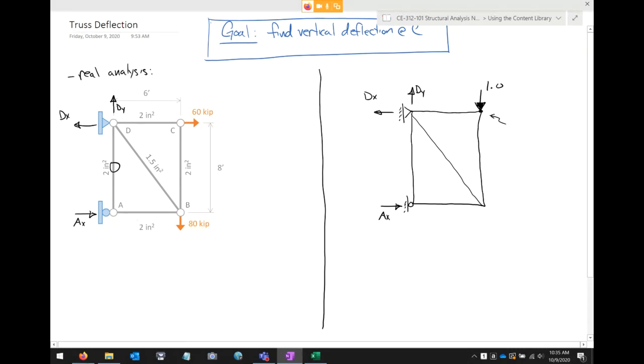Likewise, and I believe Mr. Blizzard said this, that BC is also a zero force member. That's exactly right. And the reason it's a zero force member is because of the same thing. If I look at this joint right there, I've got a lateral load, right? Lateral load tells me that this member carries load and that vertical one's zero.